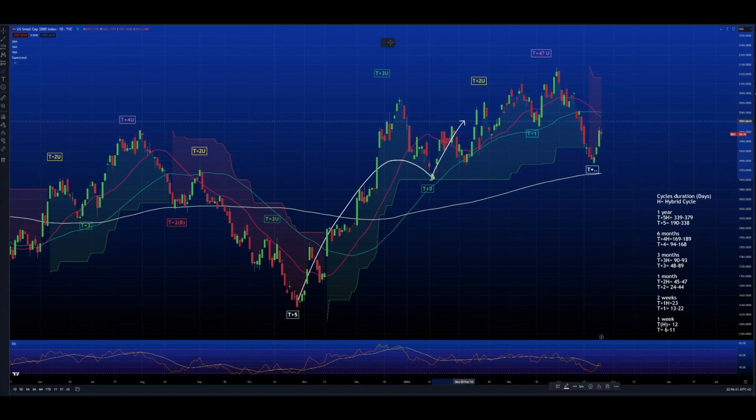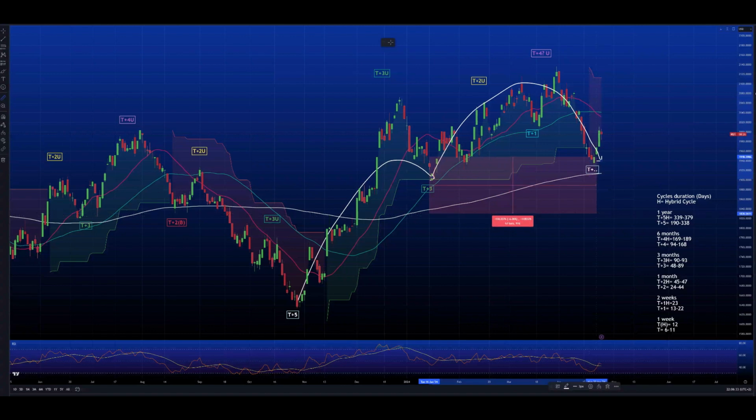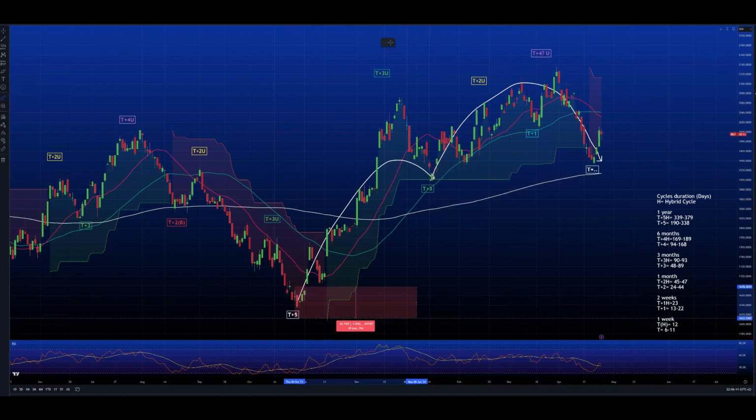And here we have another 3 months downward cycle that potentially has closed with this low. And if we gauge the total duration, we have 65 days for the second T plus 3, and for the first T plus 3, we have a duration of 54 days.